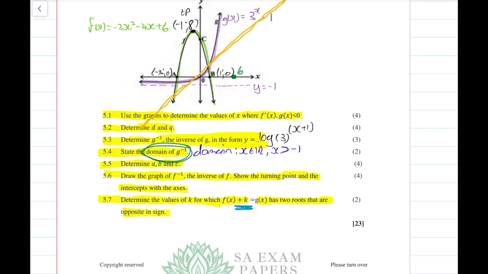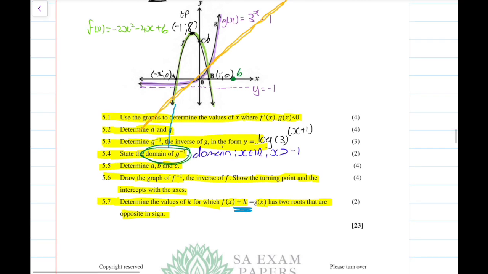But when will they stop being positive and negative? If I shift this graph, we know that this coordinate is 6 here. If I shift this graph 6 units down, one intercept will be the origin.